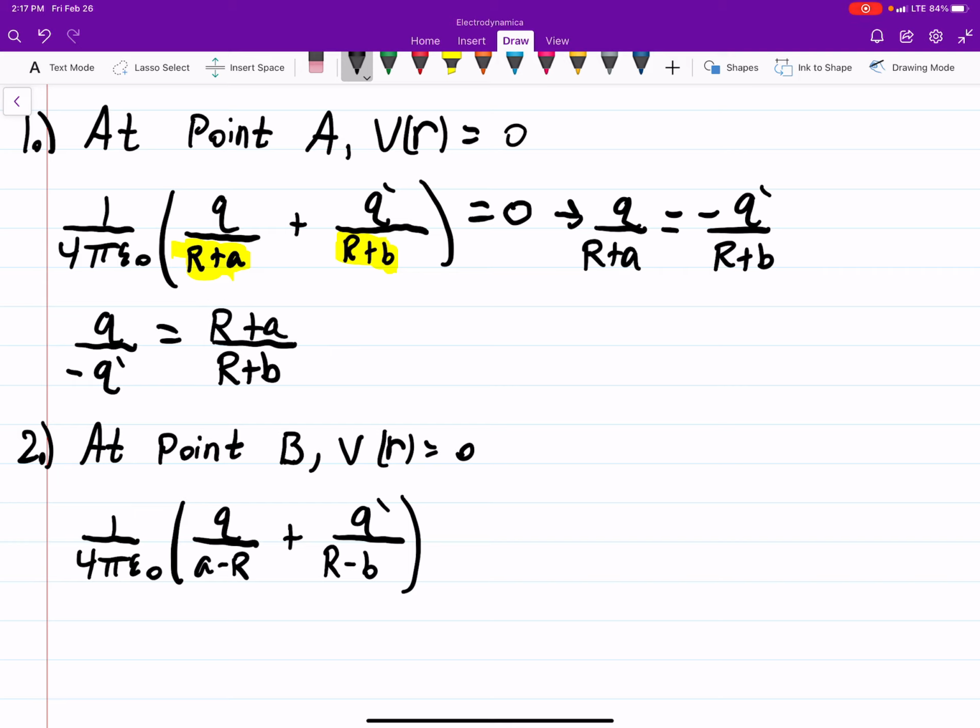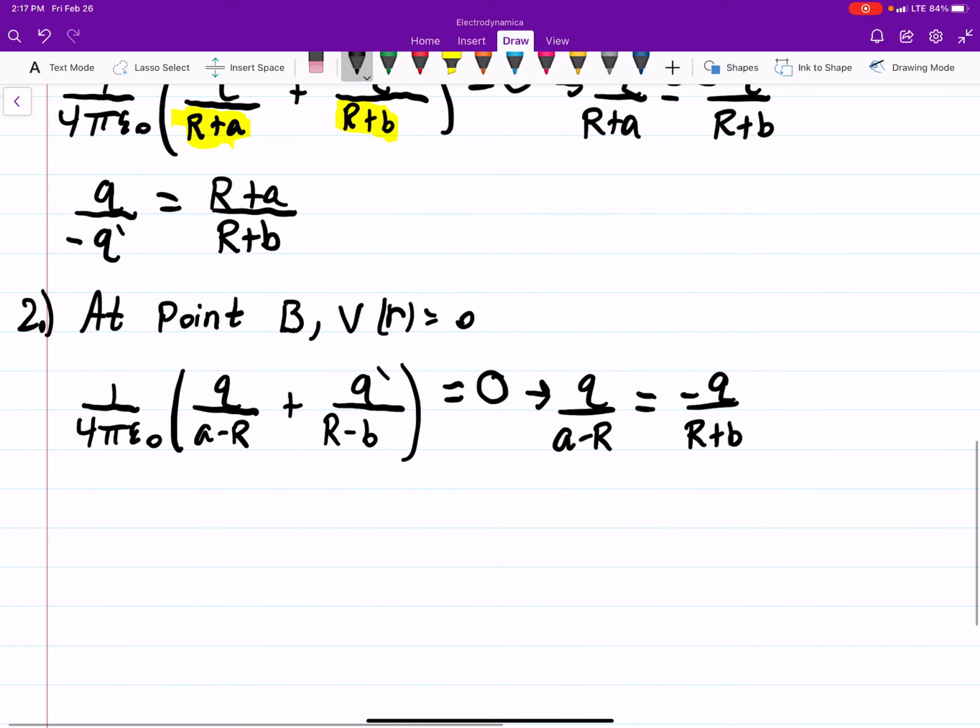That's just the idea behind it. And to fulfill the boundary conditions, this must also equal 0. And I can do basically the same thing as before. Now I can say Q over A minus R is equal to negative Q prime over R minus B.